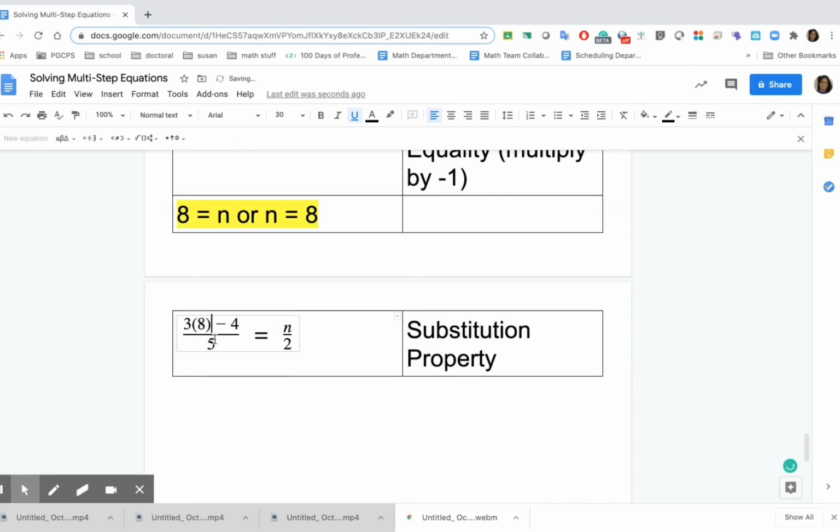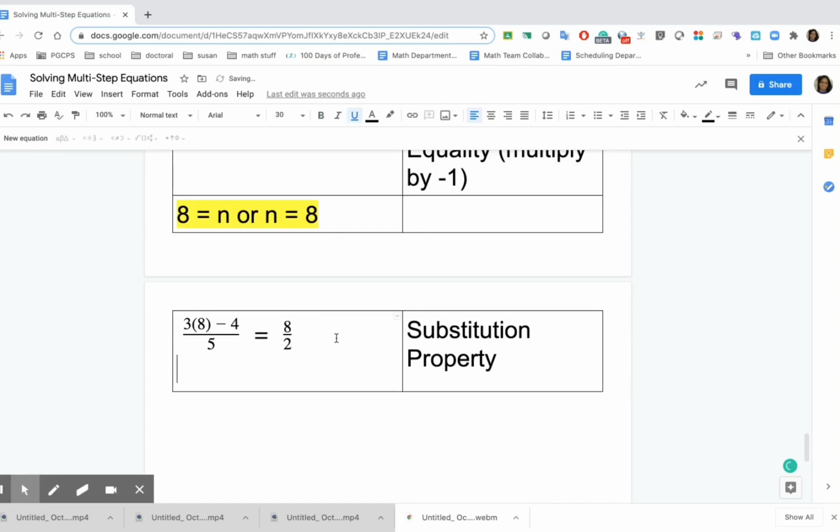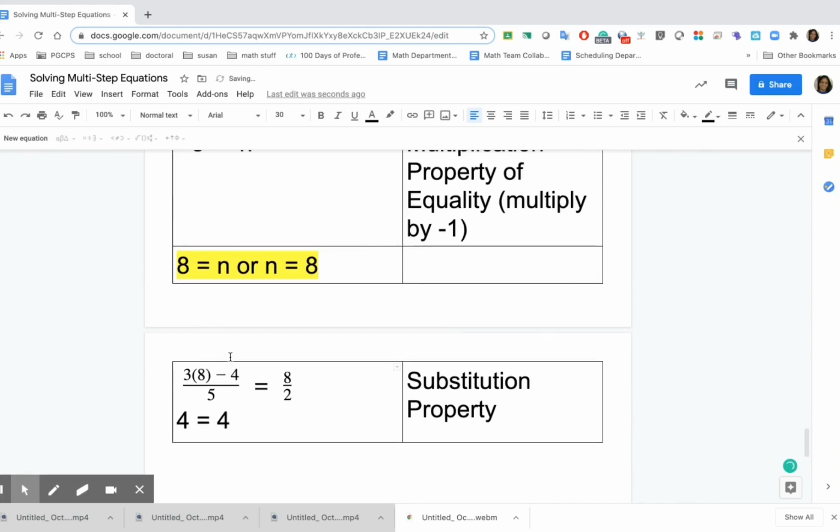So 3 times 8, and then this will be equal to 8 also. So let's simplify. 8 times 3 is 24, minus 4 is 20, divided by 5 is 4, and 8 divided by 2 is also 4. So therefore, the solution to the equation is really 8.